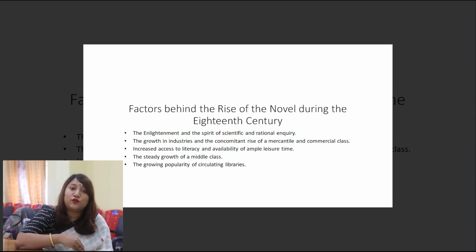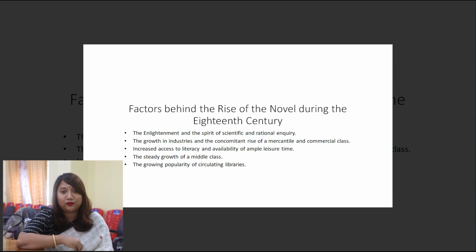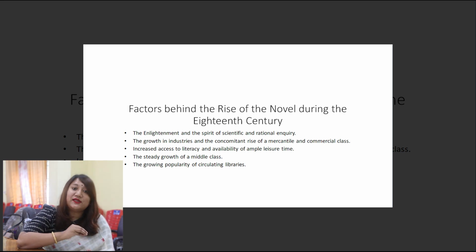Earlier, if people had to buy books and could not afford to do so, now they had the option to borrow books from these libraries and read them at a very nominal rate. So there was an increase in readership owing to these libraries, these mobile libraries.